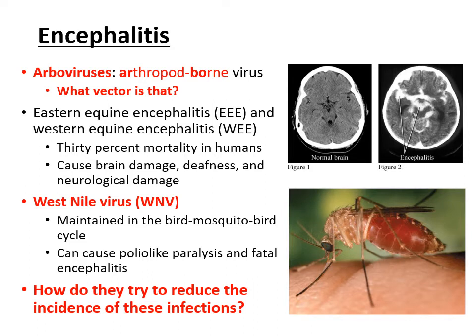And a lot of times any of the infections that target the nervous system are going to cause paralytic issues and can be very damaging. And in the case of encephalitis, the big thing that they do to try and help cut this down is vector control, which we mentioned in an earlier lecture. Things like all those sprayings of parks and residential areas.